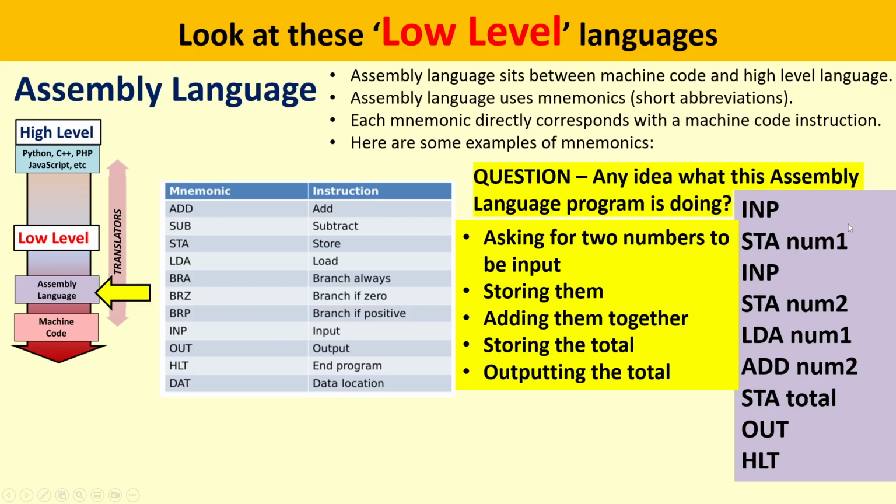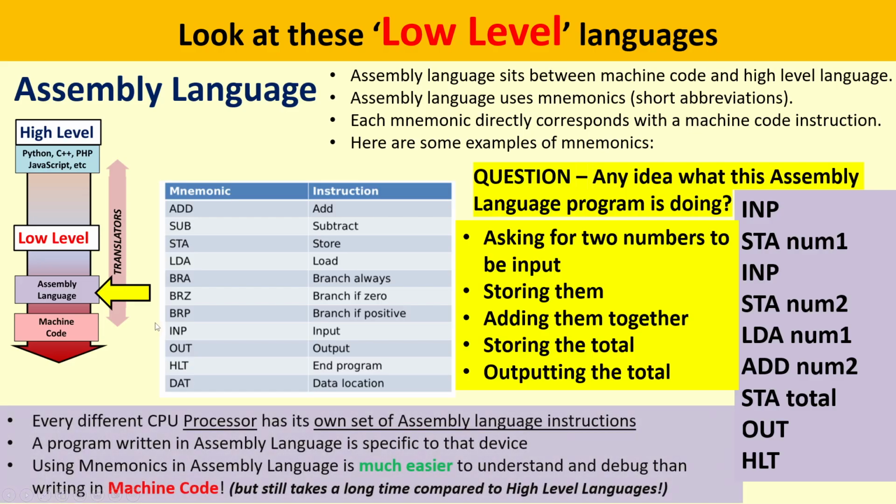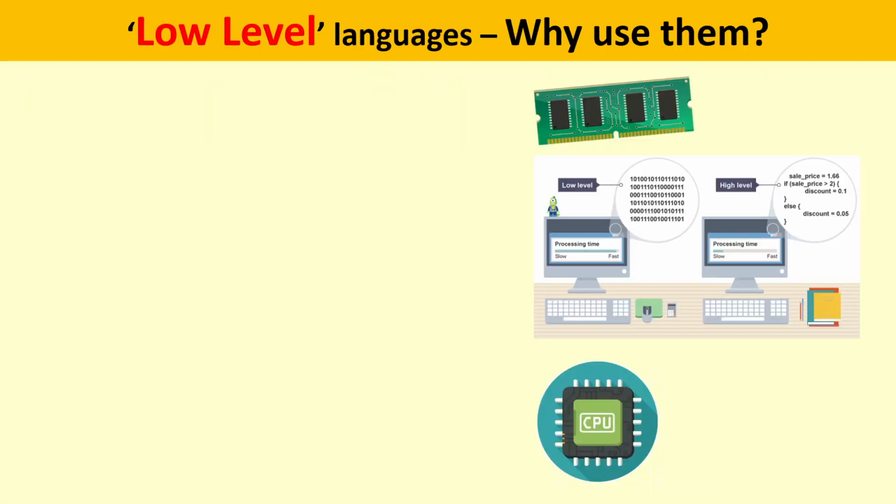Okay, so short commands, they can be used to program things like hardware, embedded devices and things, and they are easier to use than machine code. However, they still have to be translated. And every CPU, every processor has its own different version of assembly language and machine code.